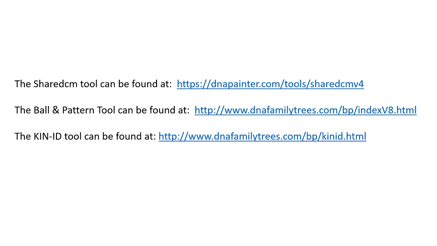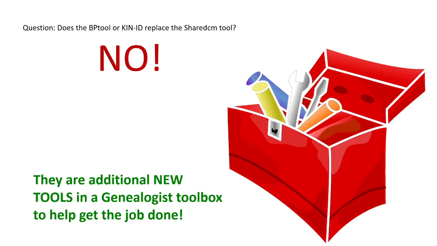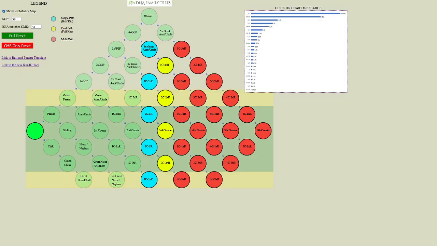And for me, when I was searching for my biological family, that's why I created the ball and pattern tool. I wanted to know what's the most likely MRCA so that I could build the tree down, and not waste a lot of extra time building trees in the wrong spot. So just quickly on how to use this, if you use the Kin ID tool, or just the ball and pattern tool because it has the chart here, you can see this one is most likely, okay?